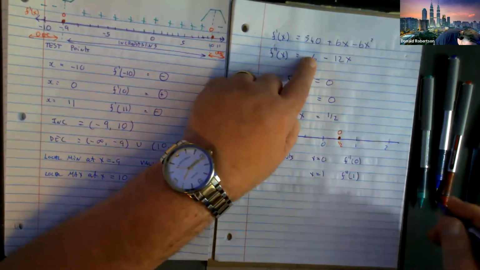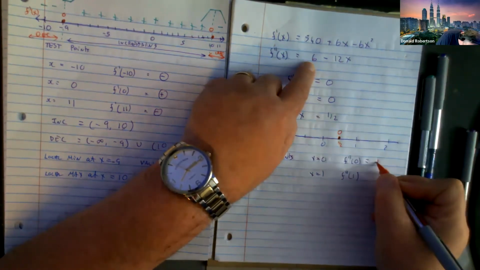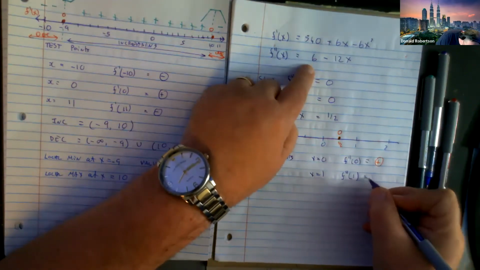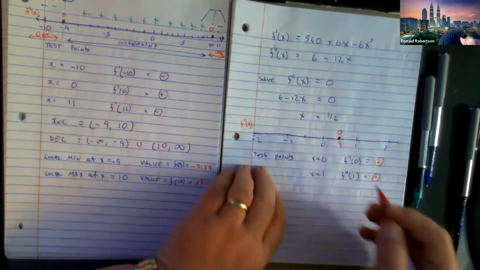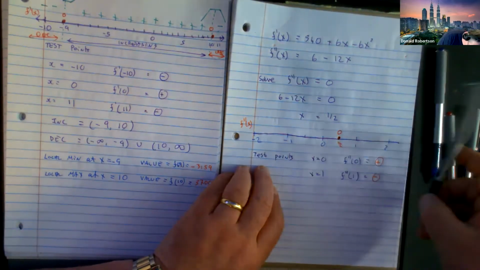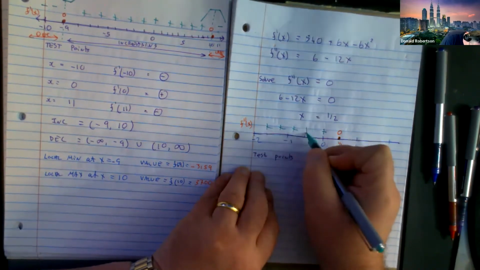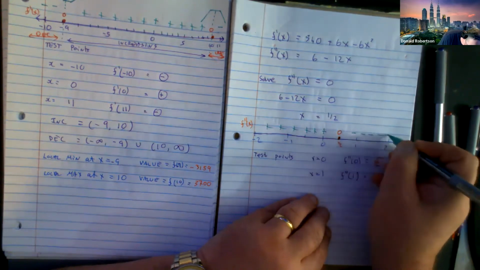If you plug in 0 here, the answer is positive 6. And if you plug in 1 here, the answer is negative 6. So I know here it's positive, and that makes everybody in this region positive. And on this side, it's negative, so everybody is negative.